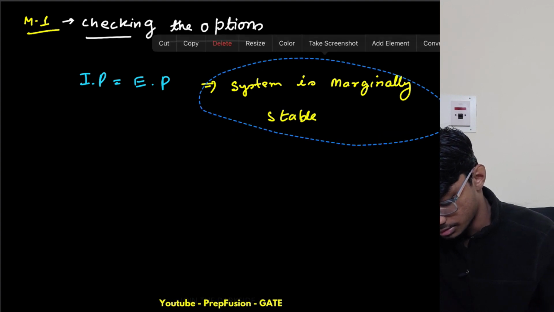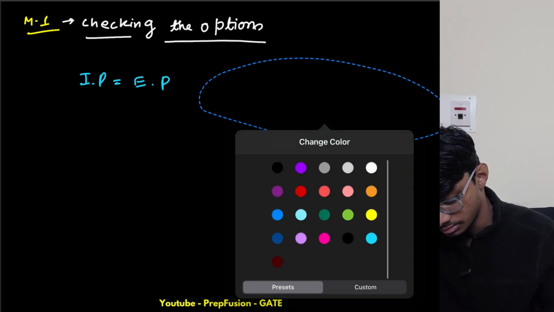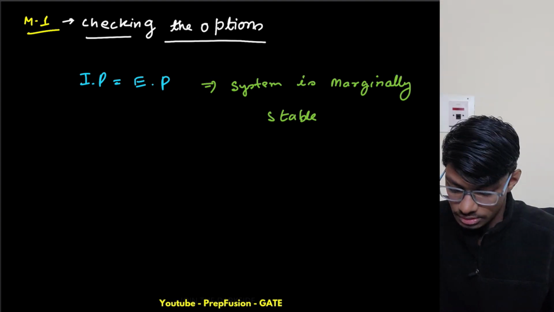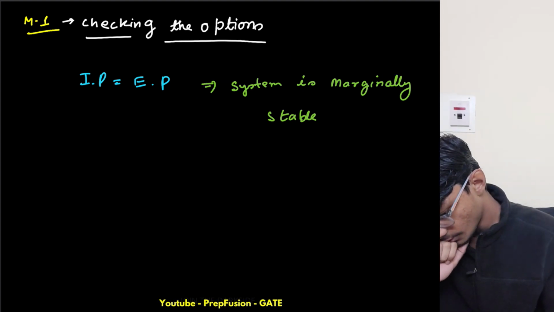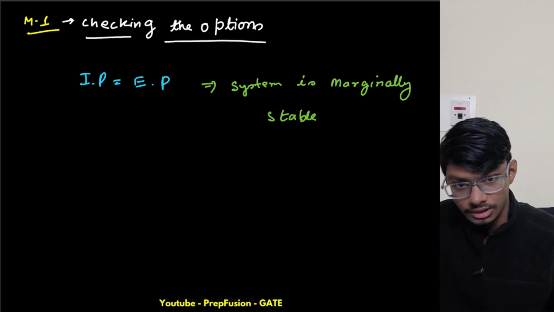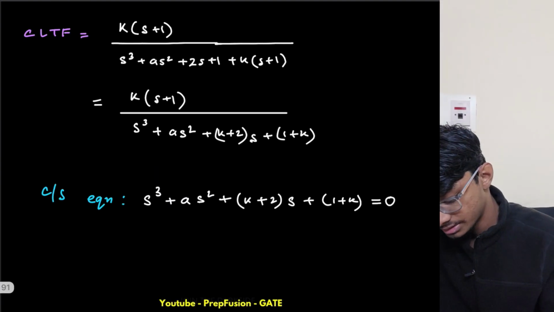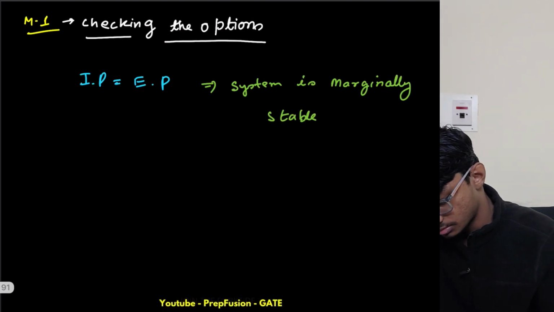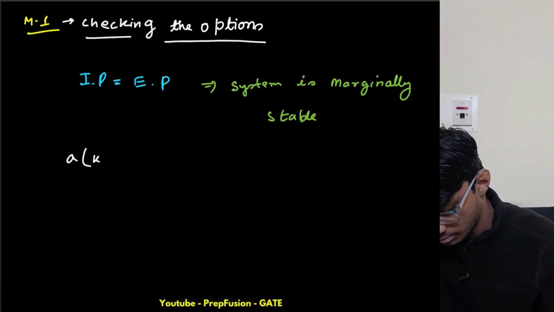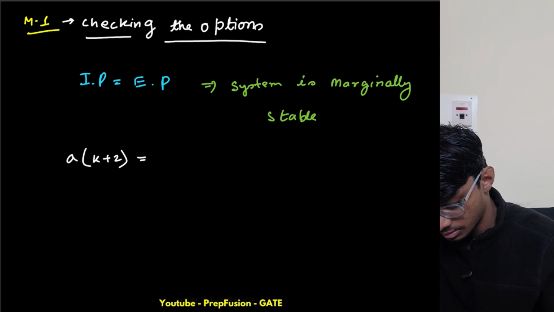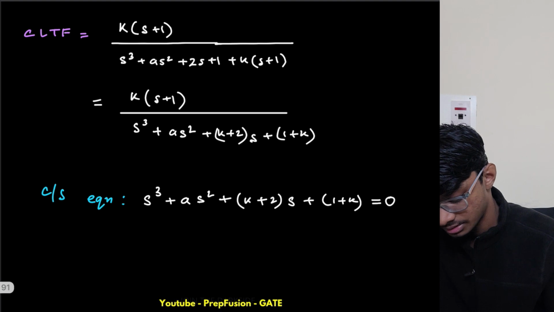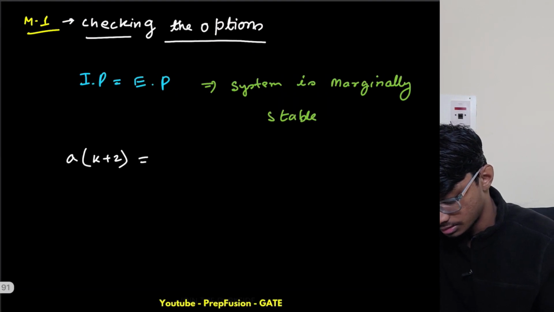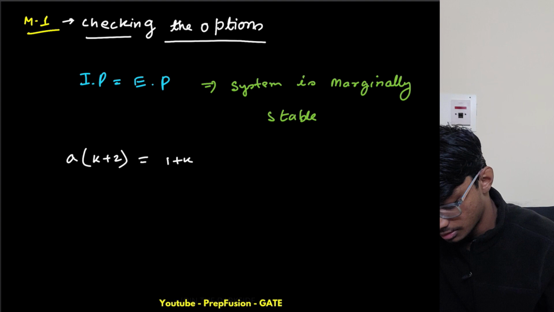Now basically let me get the internal product. What is the internal product? It is a times (K plus 2). So a times (K plus 2) equals, what is the external product? External product is (1 plus K) into 1, so this will be 1 plus K itself. So what is my a equal to? A equals (1 plus K) by (2 plus K).